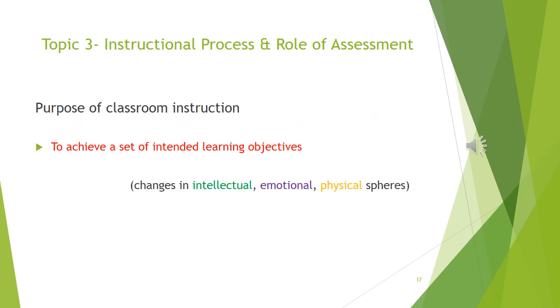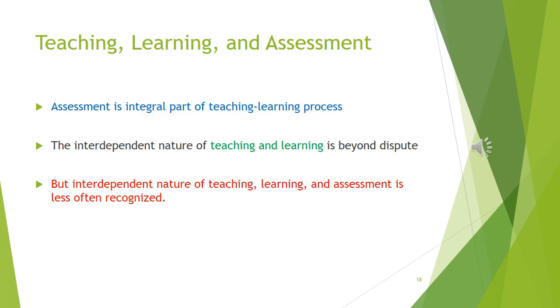Now we head towards our third topic, which is instructional process and role of assessment. The main purpose of classroom instruction is to help students achieve a set of intended learning outcomes, which include changes in intellectual, emotional, and physical spheres.